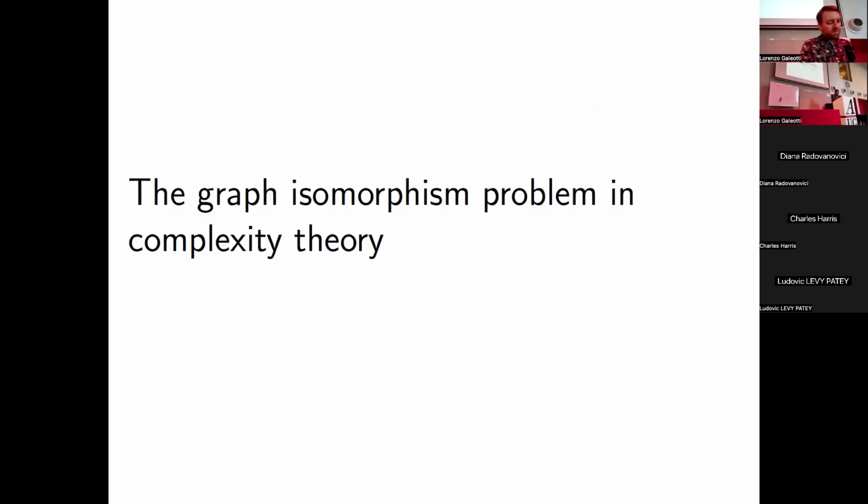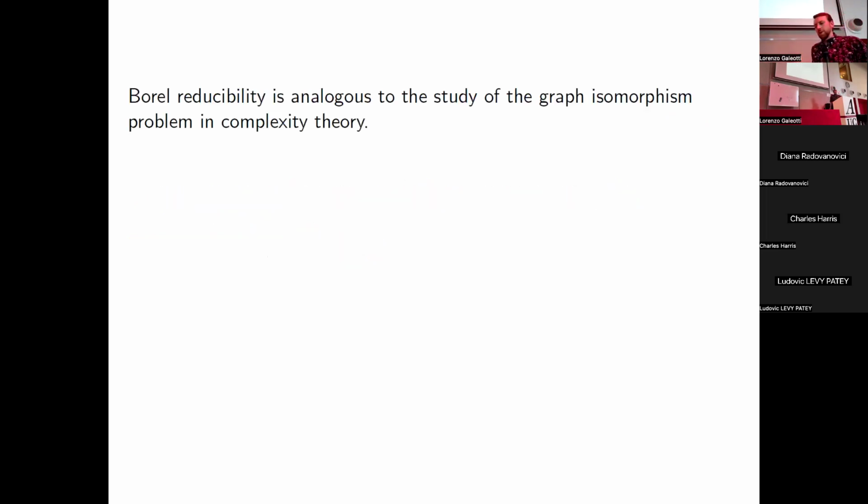All right. Now I want to talk a little bit about complexity theory and finite structures. I don't know if there are any people here who work mainly in complexity theory or computer science, but there are some similarities and also some differences that I'm just going to talk about briefly. You can think of Borel reducibility as analogous to the study of the graph isomorphism problem.